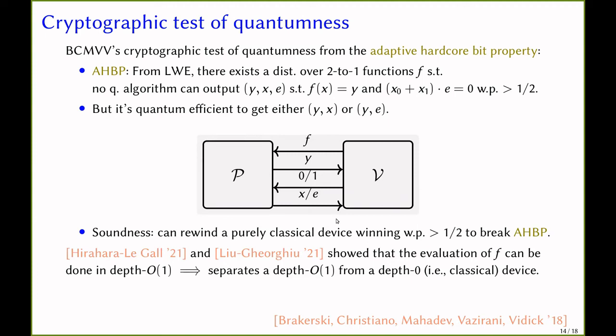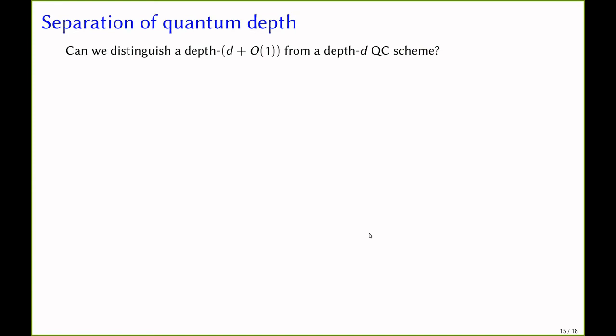And then more recently, two groups of people independently showed that the evaluation of the function f can be done in constant depth. So in this talk, we ask a question: can we distinguish a depth d plus constant from a depth d QC scheme? In our paper, we show that we can do that.